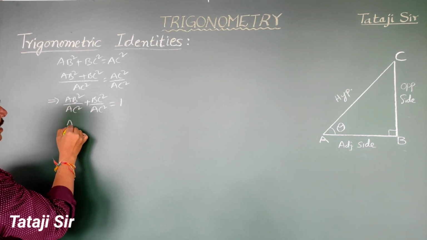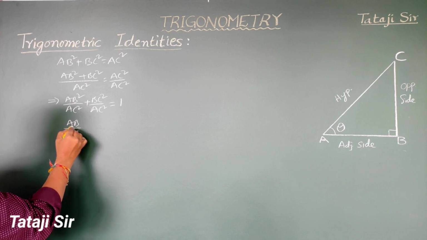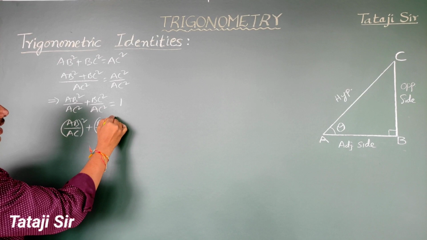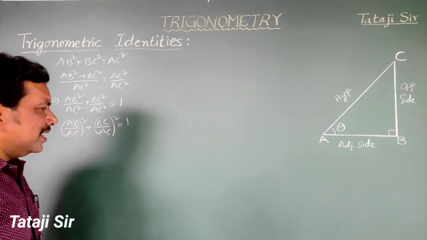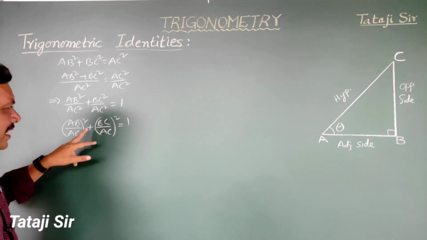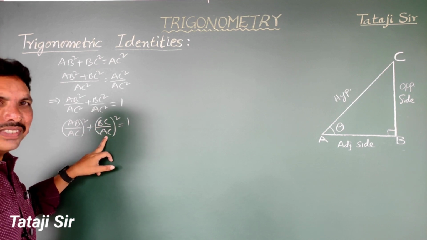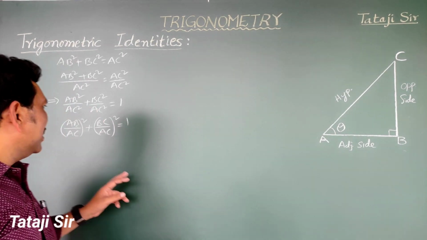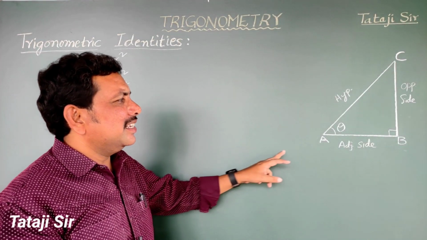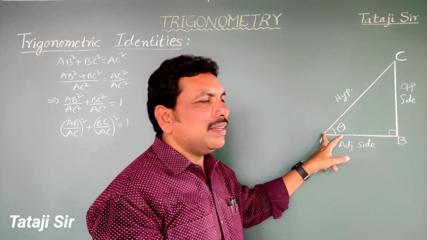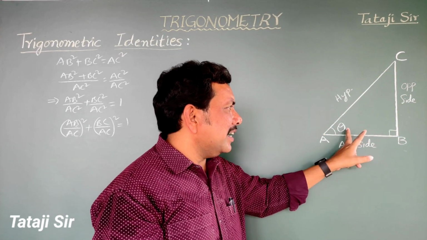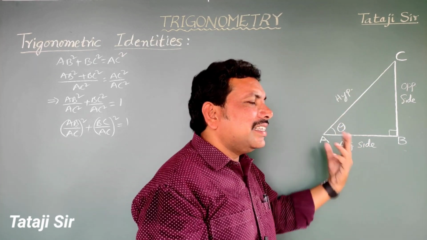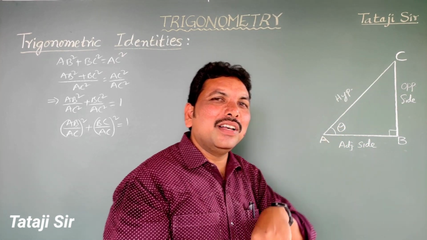Again it can be written as (AB by AC) whole square plus (BC by AC) whole square is equal to 1. Look here, this is AB by AC and this is BC by AC. From the definitions of trigonometric ratios, AB by AC means what? AB is, for theta, the adjacent side and this is the hypotenuse. Adjacent side by hypotenuse means cos theta.